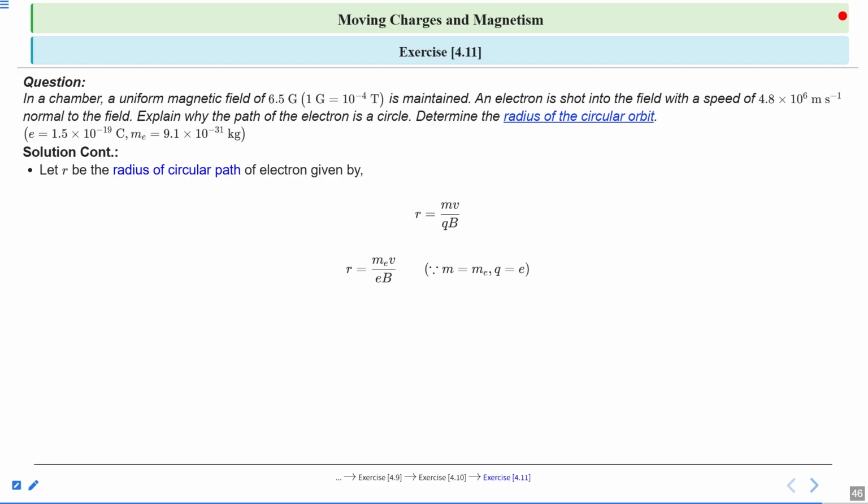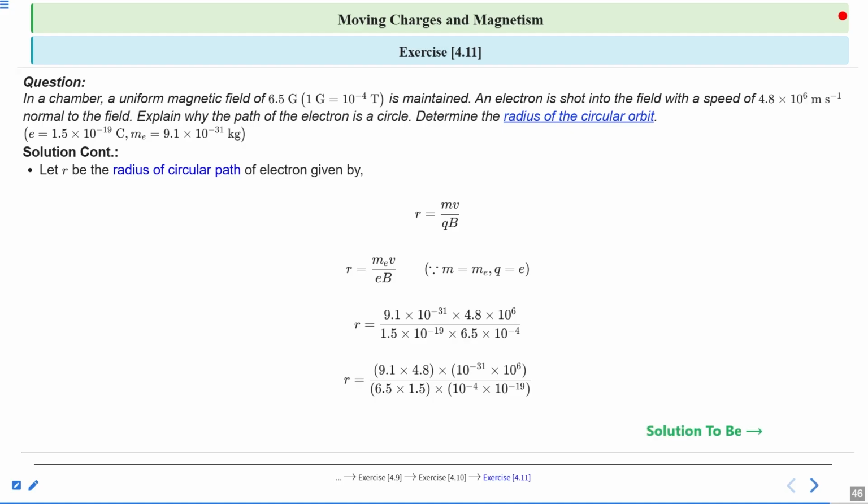After putting values in this expression, me is 9.1 into 10 to the minus 31, v is 4.8 into 10 to the 6, upon the charge on electron, 1.6 into 10 to the minus 19, into B, 6.5 into 10 to the minus 4.